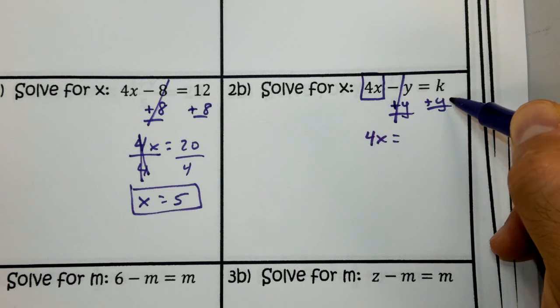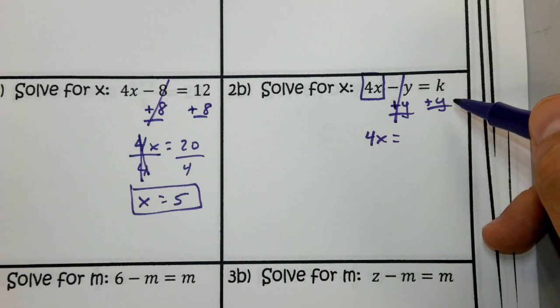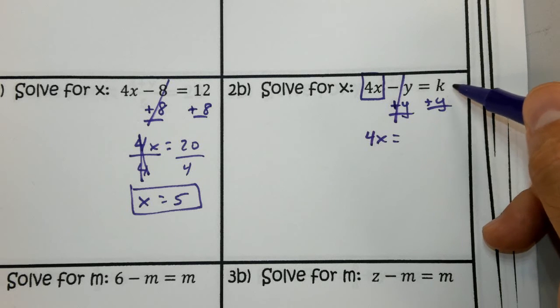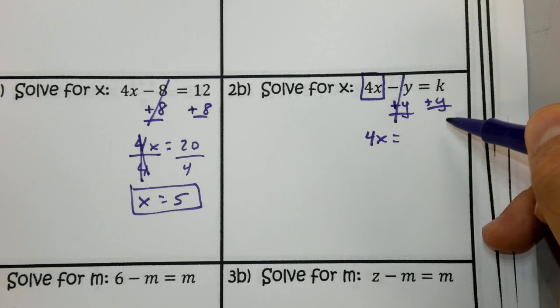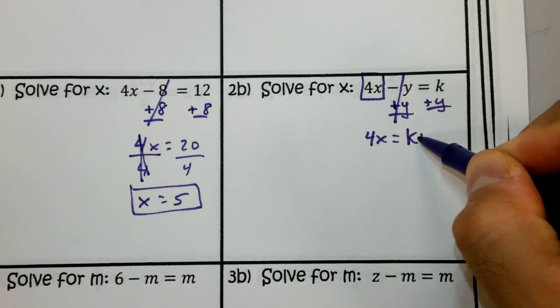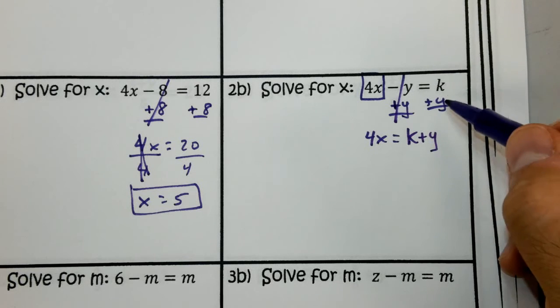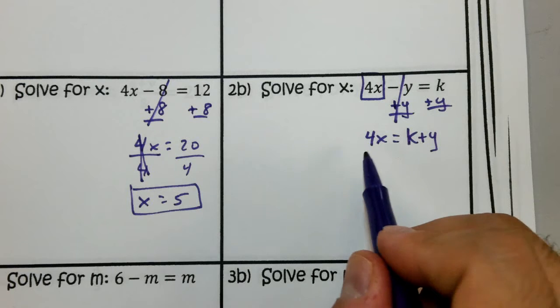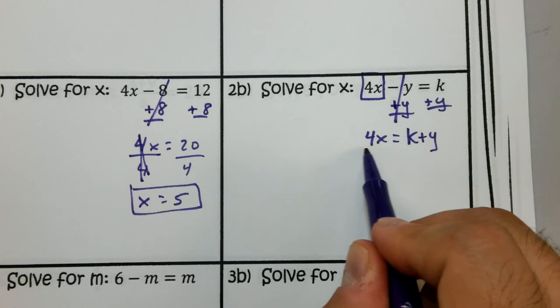Now you can't actually add these two terms because they're not like terms. And we can't do any typical number math because there's no numbers. I don't know what these letters stand for. So the only thing that I can do that's mathematically correct is rewrite it as k plus y, which is really just a rewriting of what we have over here. And then finally, now I can address this 4x.